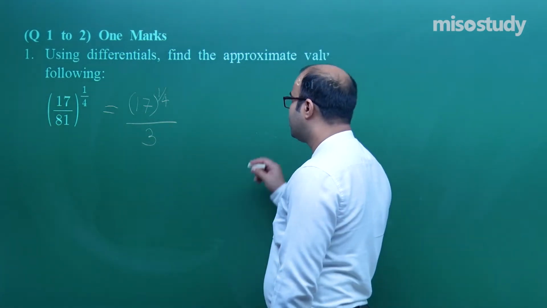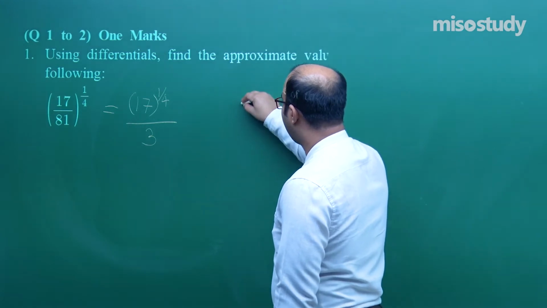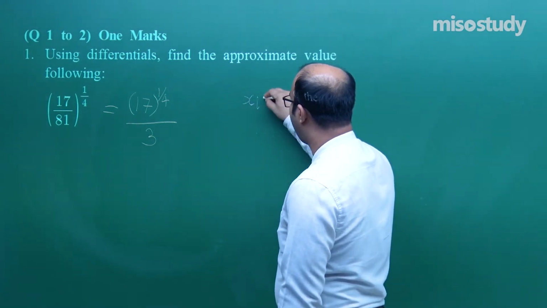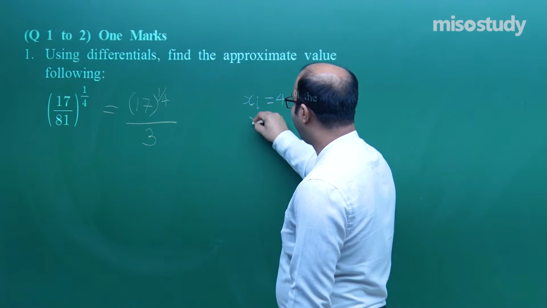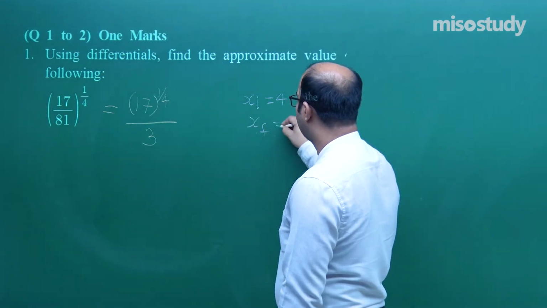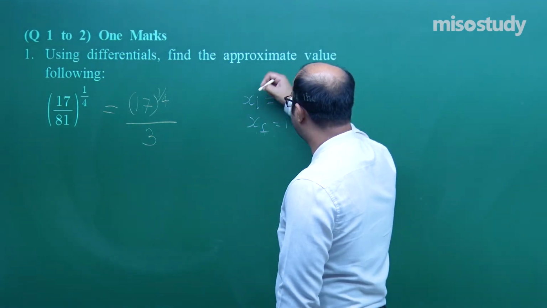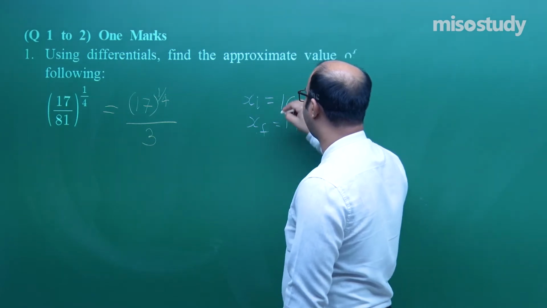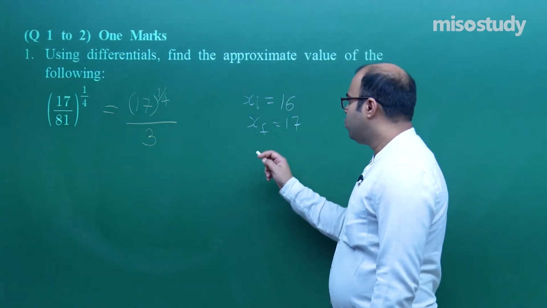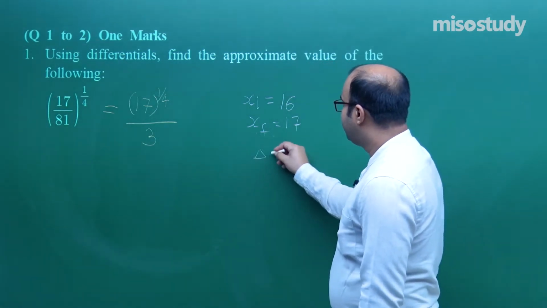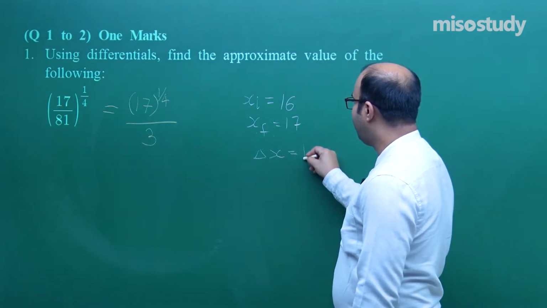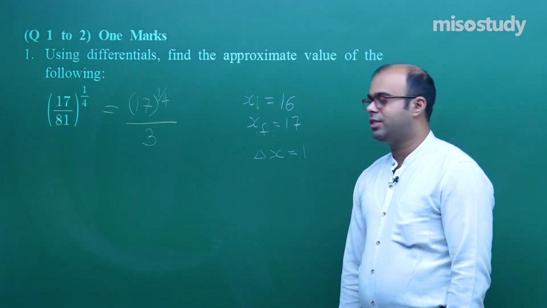So, we will suppose there is a function, where xi is the value 16 and xf is the value 17. Now, delta x will become 17 minus 16, that is 1, final x minus initial x.